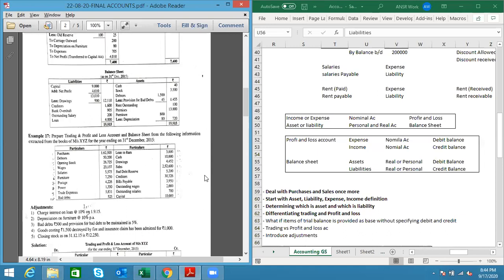However, this concept tells us, even though you have not paid, still you have to book this expense in your books because you have high expectation that you are going to incur this expense. Because there is absolutely a possibility that you have to pay the salary after a few days. So in order to show the correct picture of the financial statement, the profit and loss account, you have to book this expense in your books.